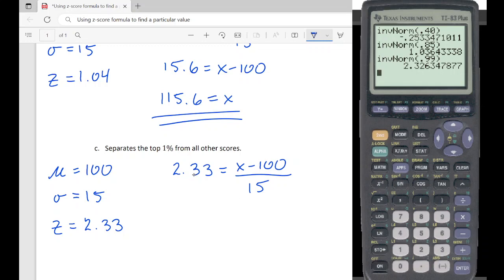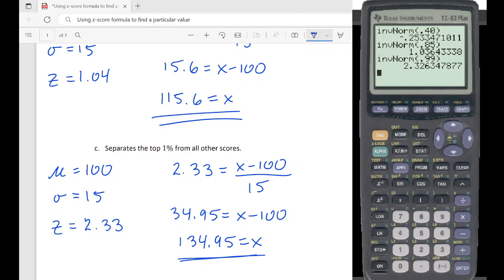Multiply the 15 over, and we get 34.95 equals x minus 100. Then add the 100 over, and we get 134.95 as our x value. So what separates the top 1% from all other scores? That would be 134.95.